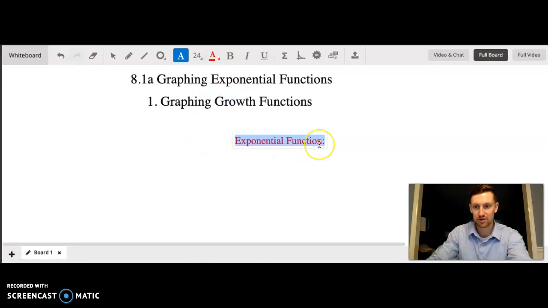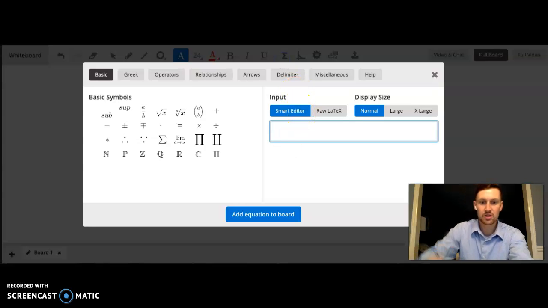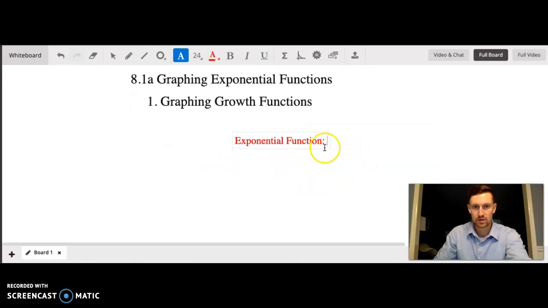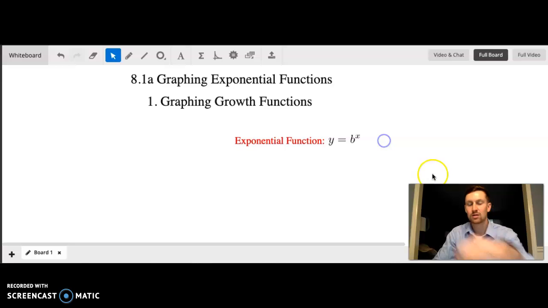Okay, so our first definition here in red. An exponential function, I'm going to try to use an equation here so that's a little easier to read. y equals b to the x power. Essentially, this is our exponential function equation. So you have y, or f of x, it's a function. But y equals b to the x power.